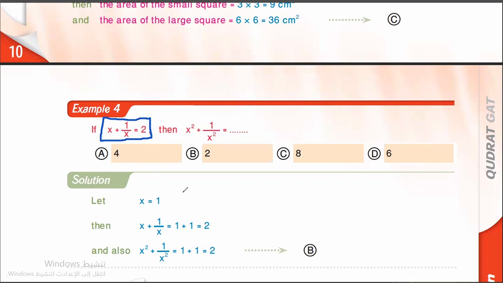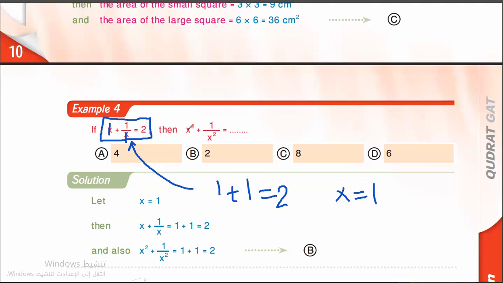Suppose a number. When you write 2, 2 plus 1 over 2 is not 2. So when I write 1 and here 1, so 1 plus 1 equals 2. The equation is correct now. So x is 1.